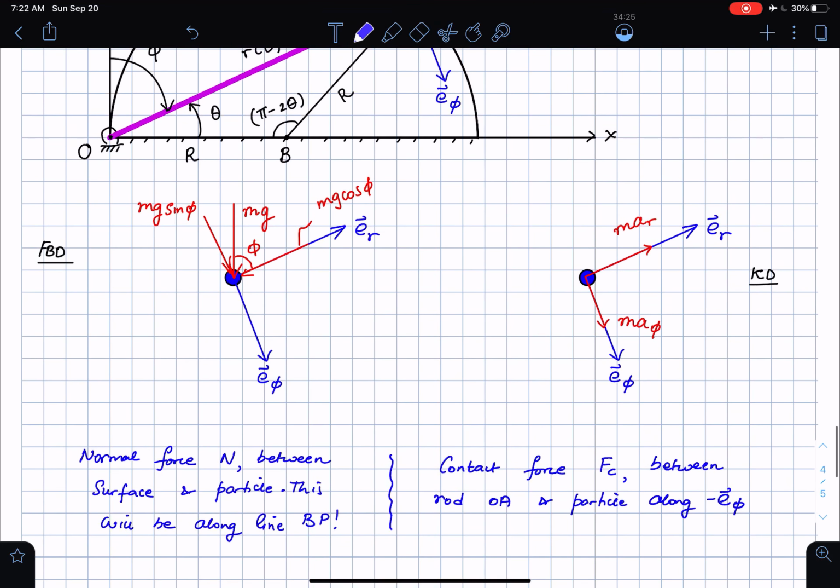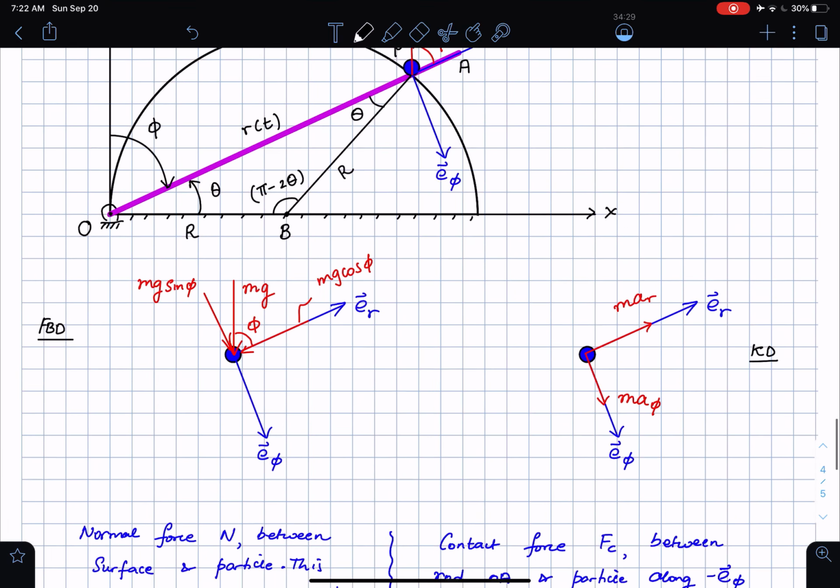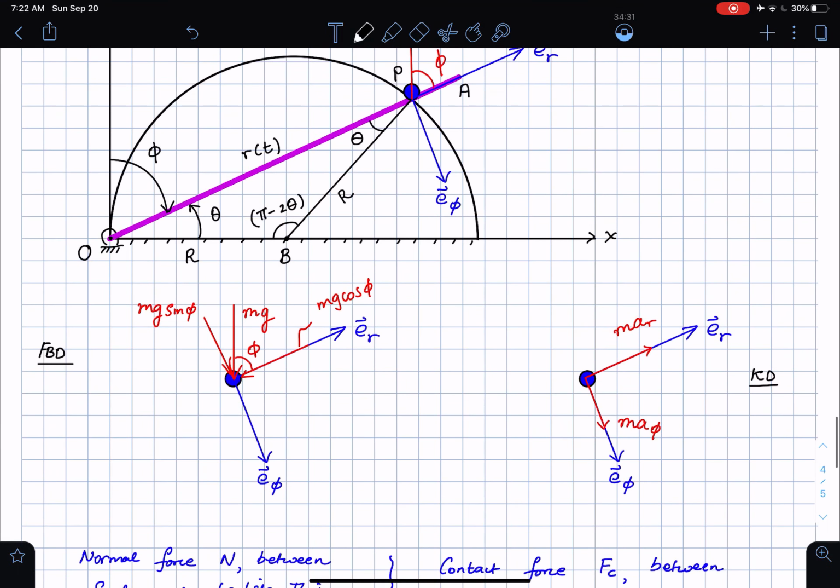So I'm going to mark these forces right down here. First of all there is the normal force. The normal force is going to be pointing along the line BP. So if I take this line here and extend it, then my normal force is going to be pointing this way.